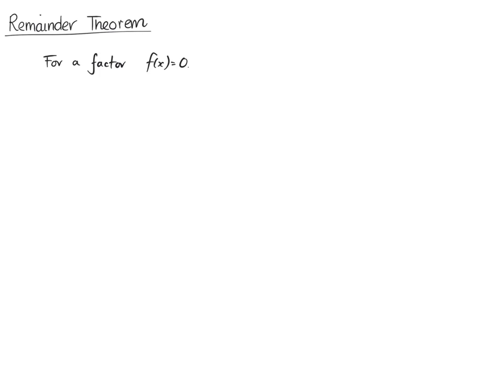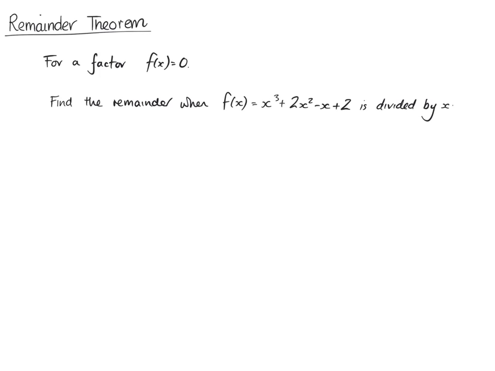Okay, so we can be asked just to determine what the remainder of something is, and there are a few different ways to do it, depends what they ask. So if you get asked to find the remainder, okay, when f of x is equal to x cubed plus 2x squared minus x plus 2 is divided by x minus 1.